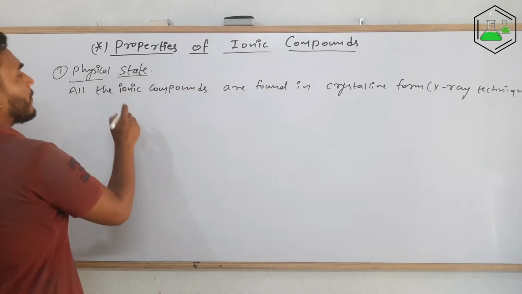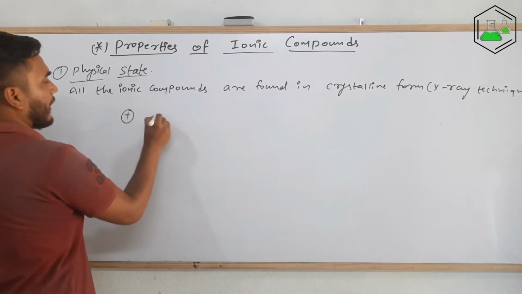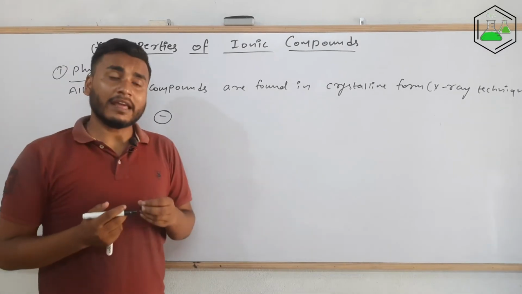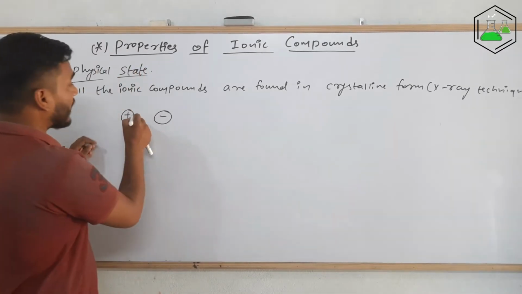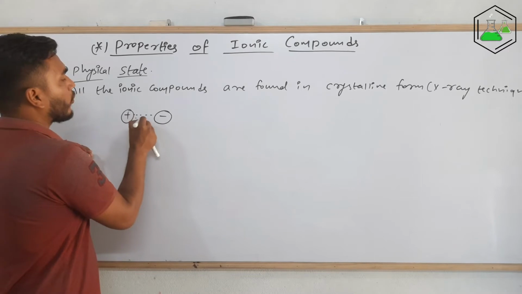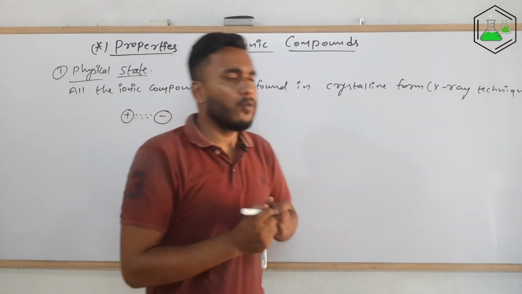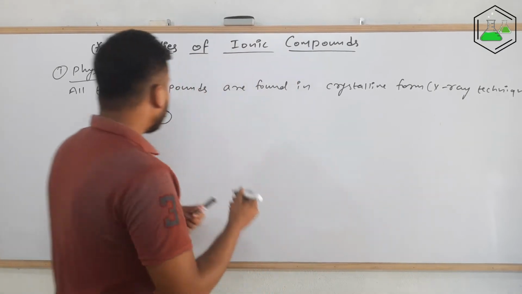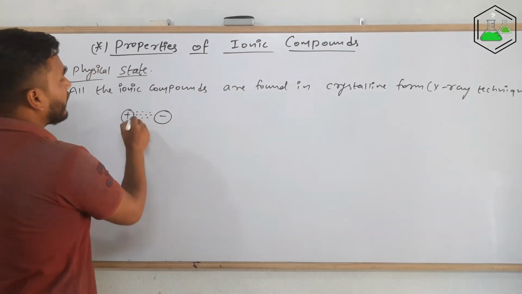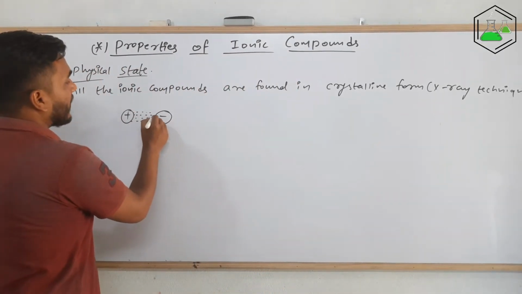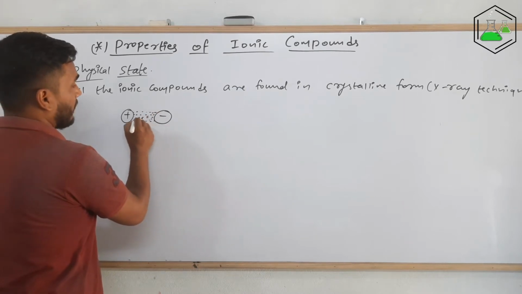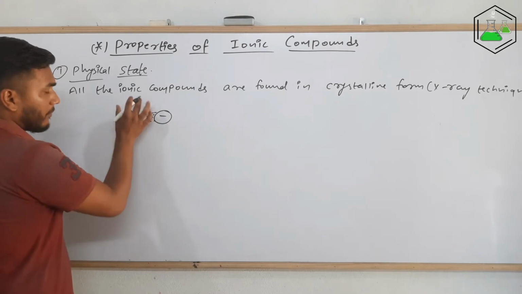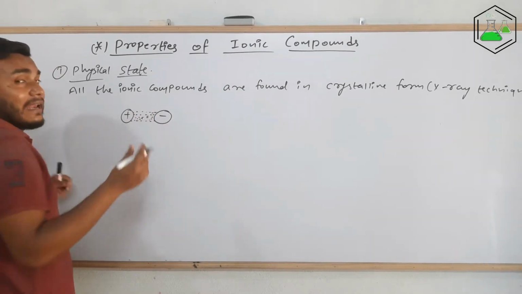As the ionic compounds are formed by positive and negative ion, then obviously their electrostatic force of interaction results in the force of attraction, right? They will try to come closer. Positive and negative ion will try to come closer and closer and closer. And this electrostatic force of interaction actually makes it very dense. And another thing is they actually make a very good lattice, their lattice site.